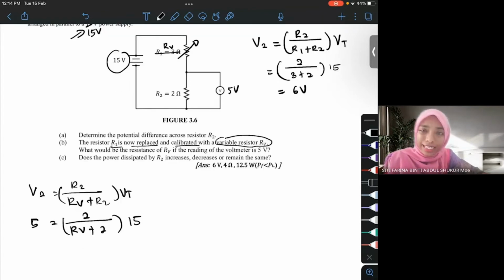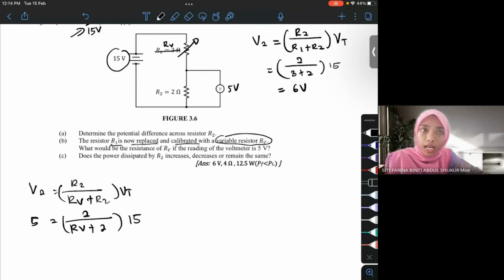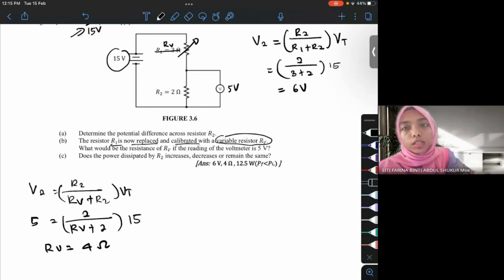So we have the value of V. What we want to find is RV here. So you do your maths, rearrange, bring 15 over here, divide, and then multiply with your denominator, and then you can solve to get your value of RV. So you should get 15 minus 2, to give the answer 4 ohm. You will get 4 ohm here.